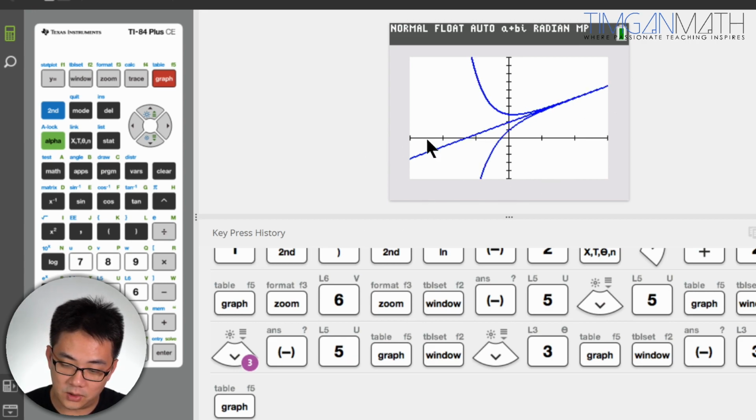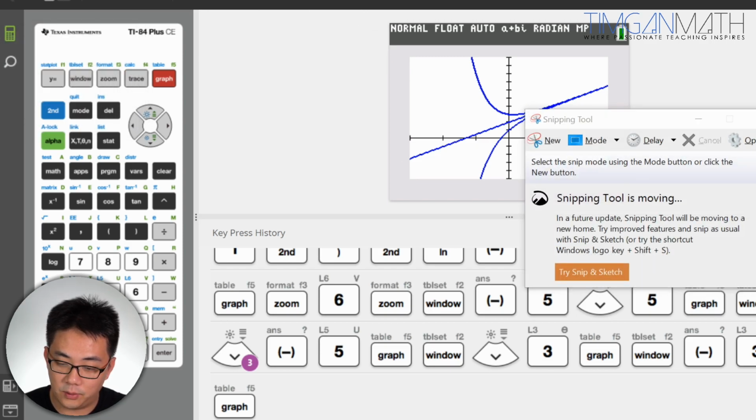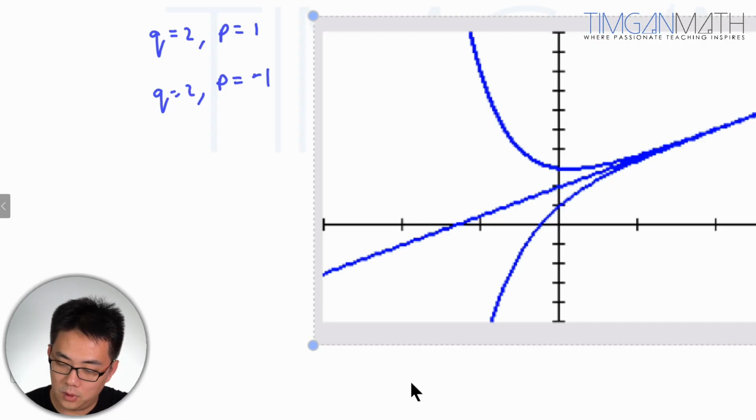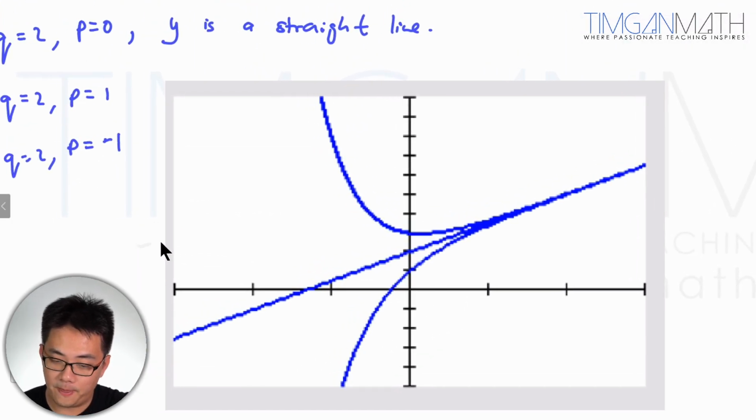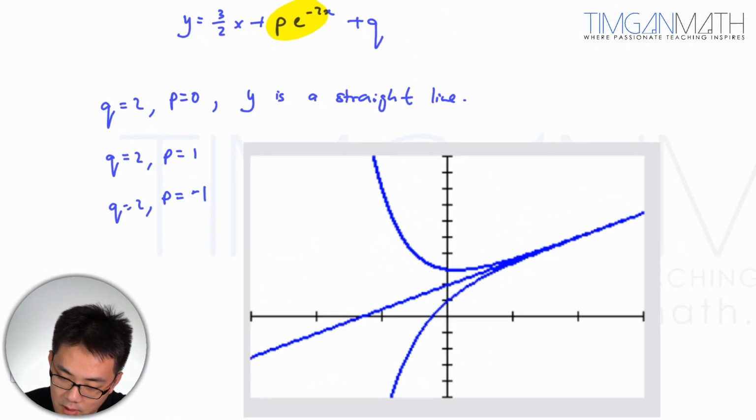So you can see that this is actually the asymptote there. This line will be the asymptote, right? So this is a family member of the curve. This is when p is 0, q is 2.